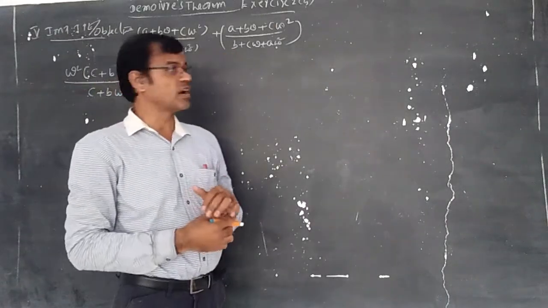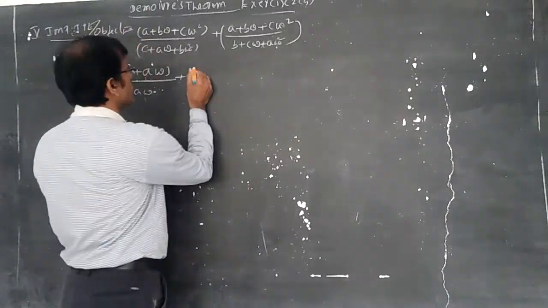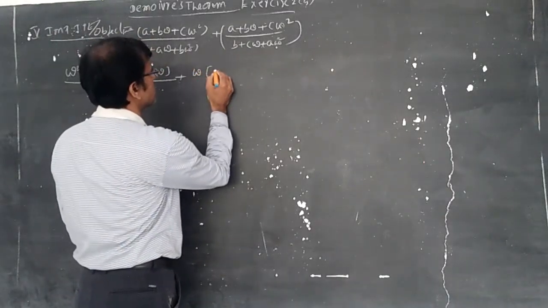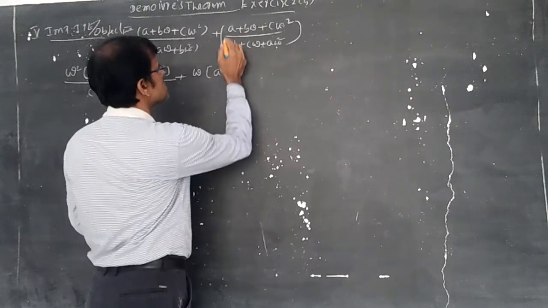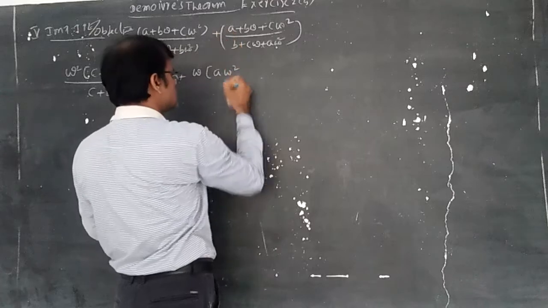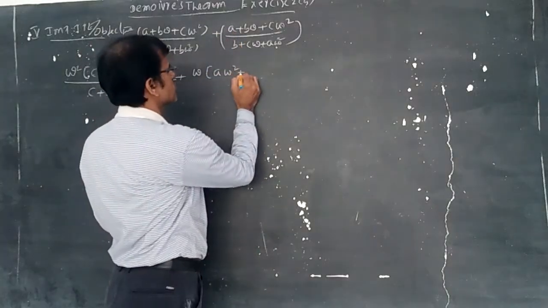Here also observe the denominator: B plus C omega plus A omega square. So, omega you take common in numerator. Whenever you are taking omega, instead of 1, omega cube exists there. Now omega taken common, here it is omega square.